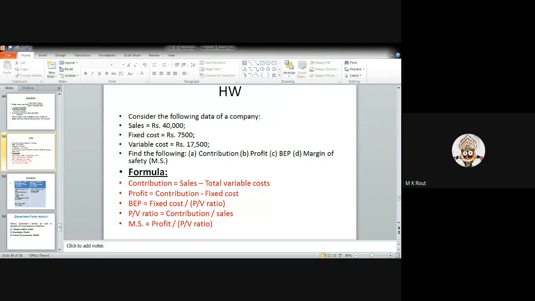Rashmi Parveen, what is your answer for contribution? Sakshi Agarwal.